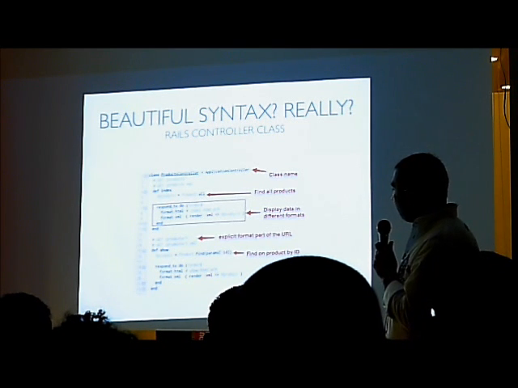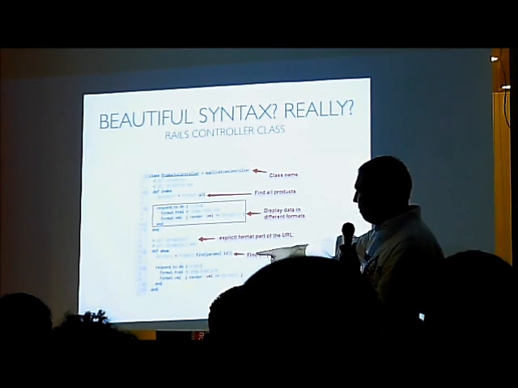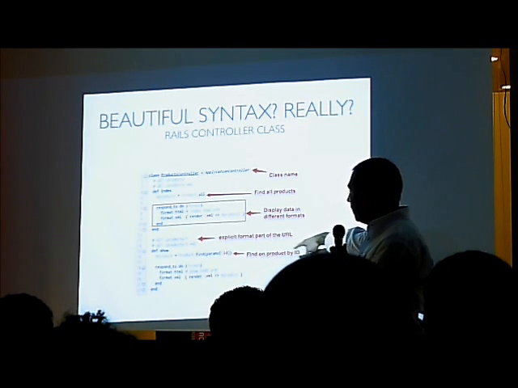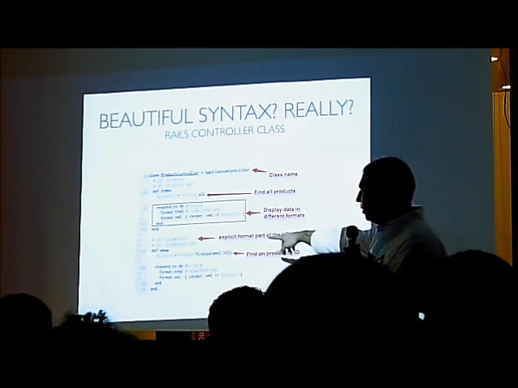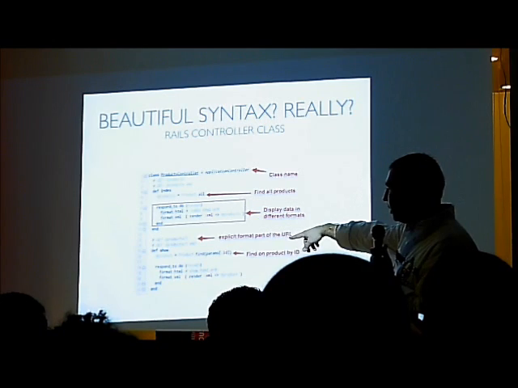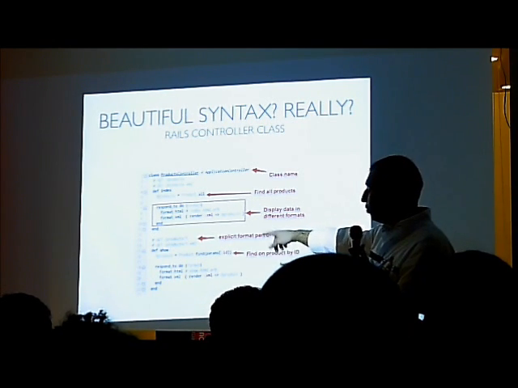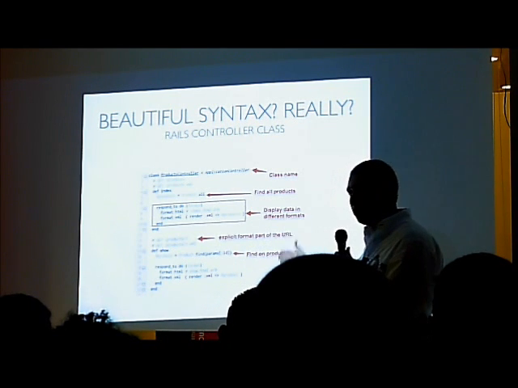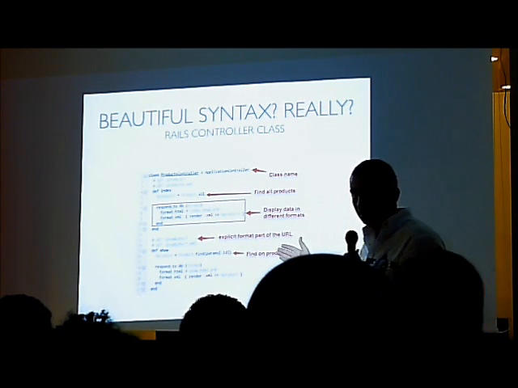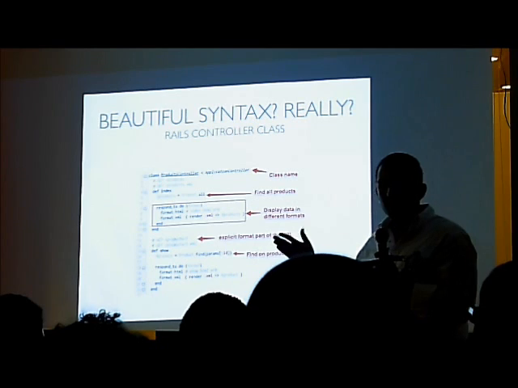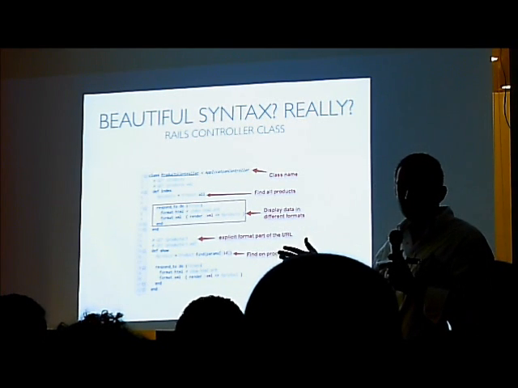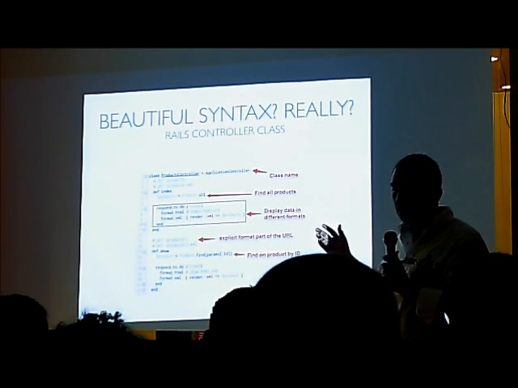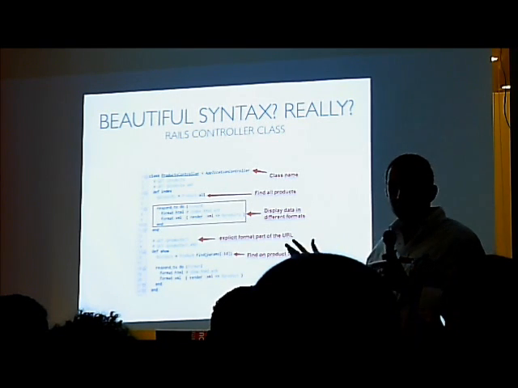Also, in the comments here where I say explicit format part of the URL, it actually responds to /products. This is an example of a URL. /products/1 means that I want product 1. So products is the resource I want from this application, and 1 is the ID.